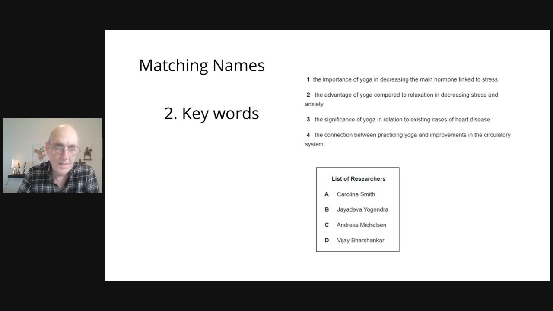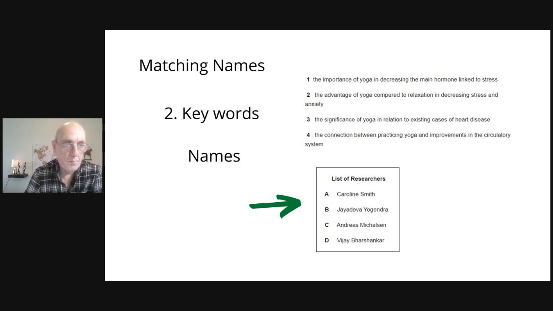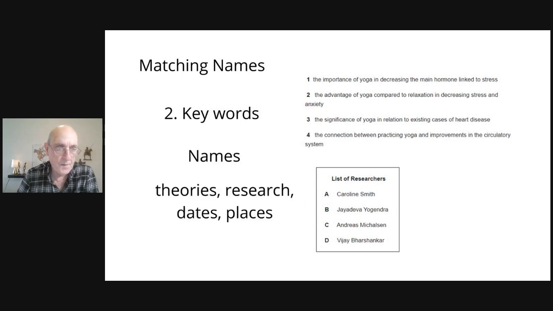When we look at the keywords, names are going to be very important in this case, and we're given a list of names. These are the names that we're going to match the ideas with in this question type.